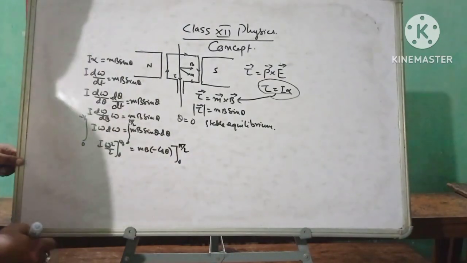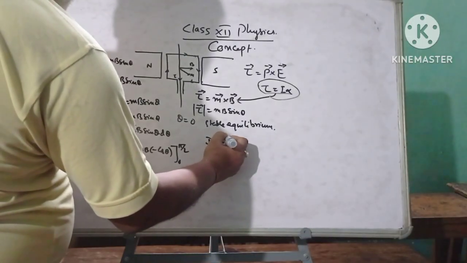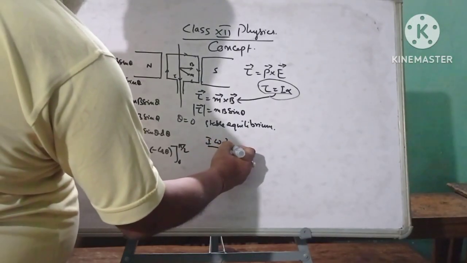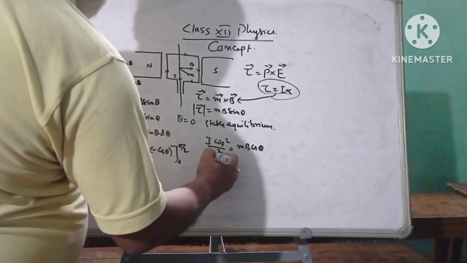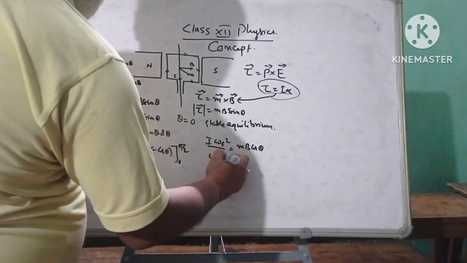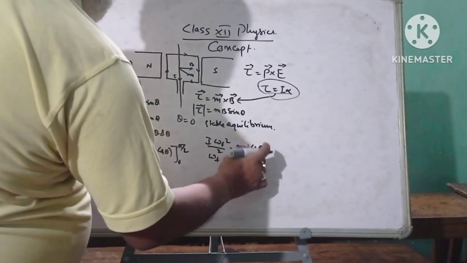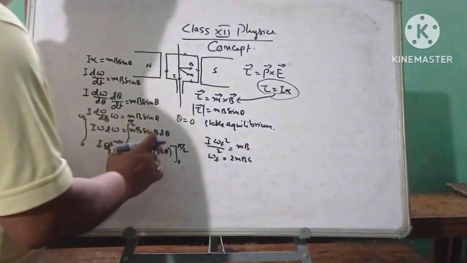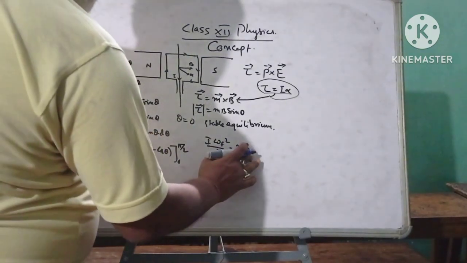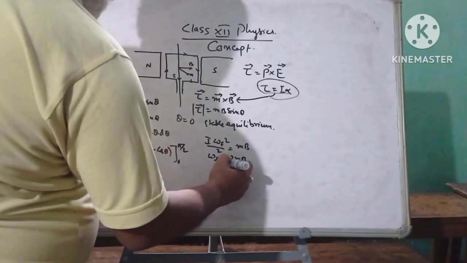So this comes like this: I omega f the whole square by 2 is equal to mB cos theta. So omega f, this will be only mB because cos 0 is 1. So omega f equals root over mB by I.